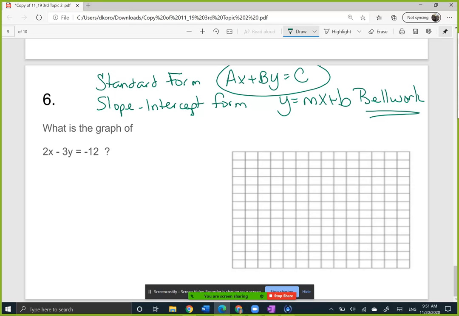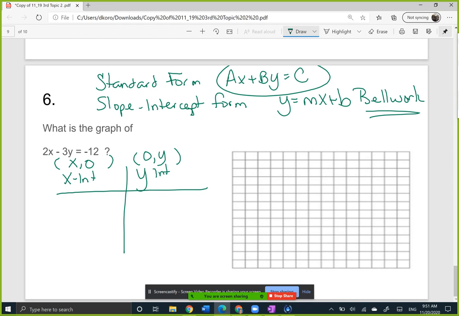So when I have an equation in standard form, I want to graph it by finding the x and y intercepts. This one I'm going to do by the steps, like I did in the first video. So what I want to do is find the x-intercept and the y-intercept, and then write the ordered pairs that represent each one. The x-intercept ordered pair is going to be x and 0. And the y-intercept ordered pair is going to be 0 and y.